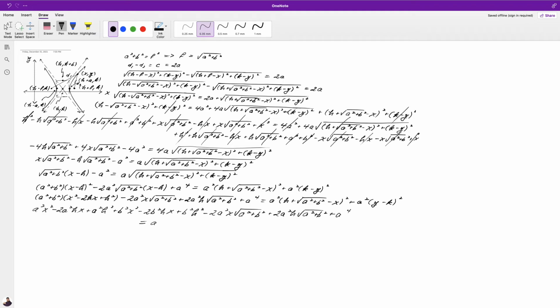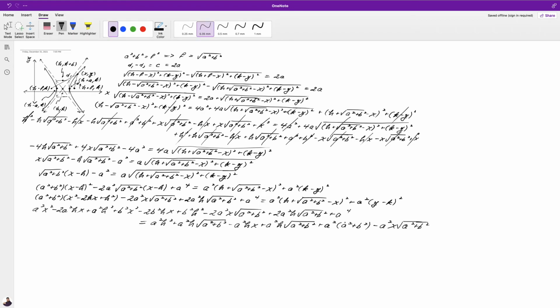So it's going to be a squared h squared plus a squared h times the square root of a squared plus b squared, minus a squared hx, plus a squared h times the square root of a squared plus b squared, plus a squared times a squared plus b squared, minus a squared x times the square root of a squared plus b squared.